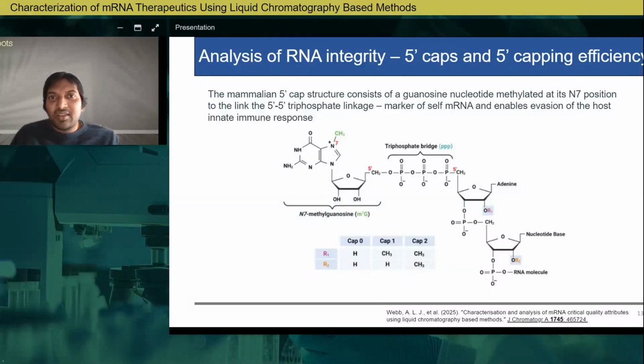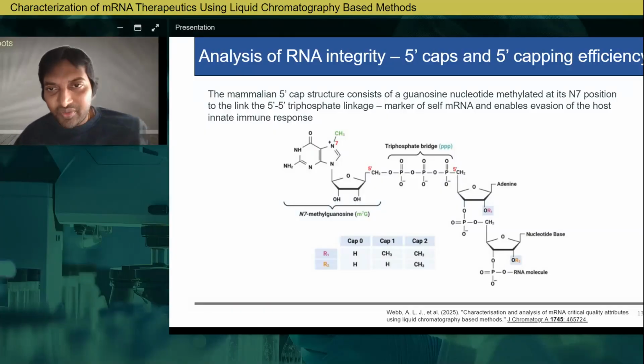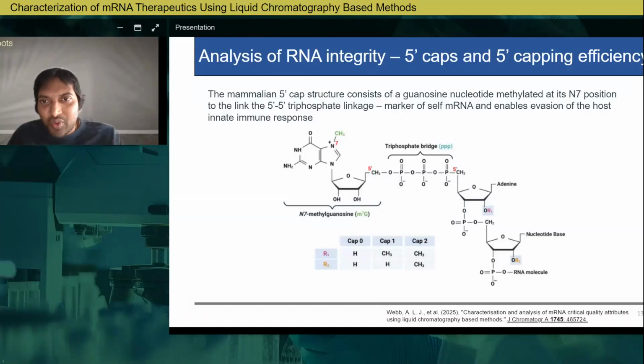To make a similar mammalian 5' cap structure, the synthetic RNAs were also modified at the N7 position with a methyl group. People identified that this is the cap 0 position. And people also identified that you can modify the R1 and R2 positions with methyl in such a way that the methylation of this cap region helps with the stability of the RNA molecule.